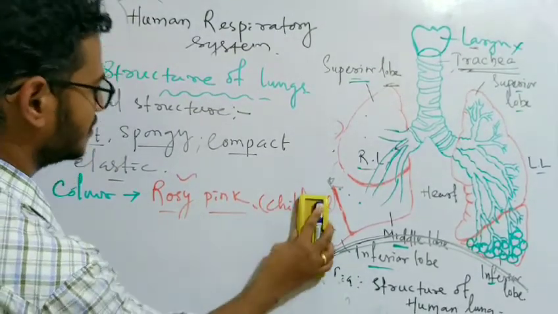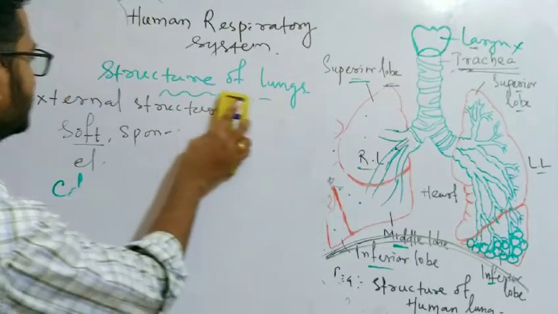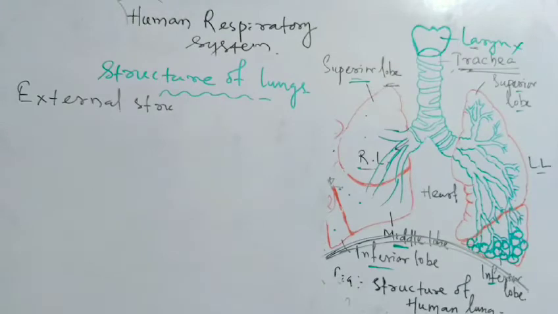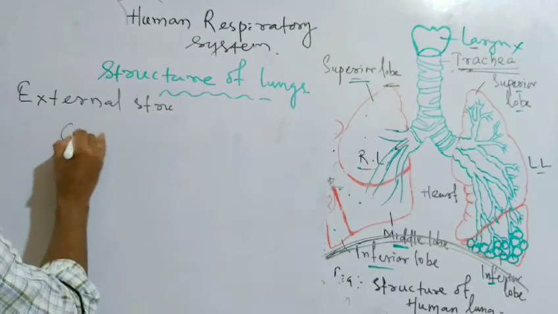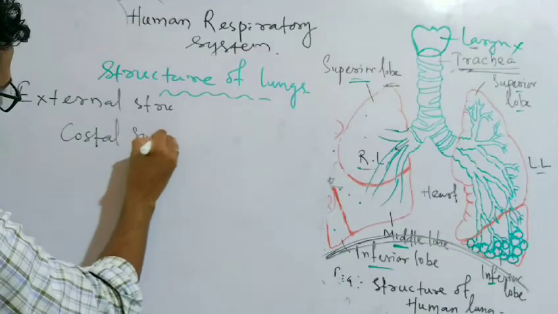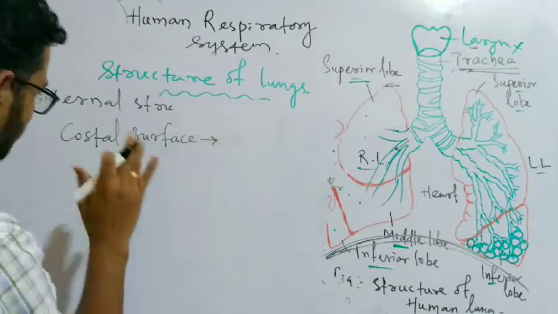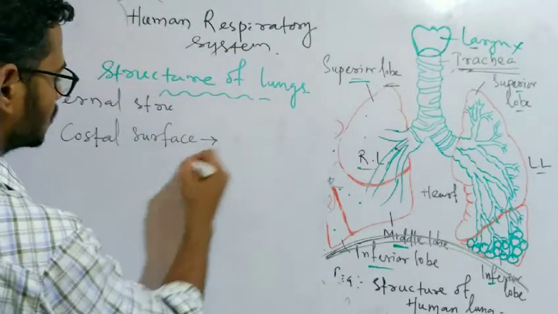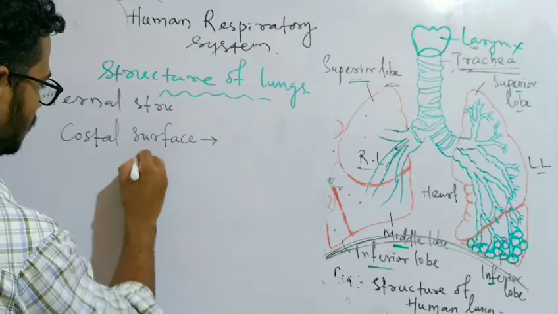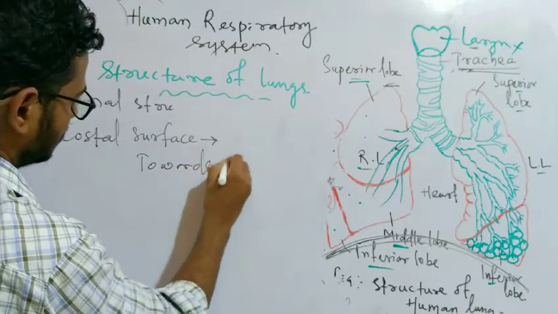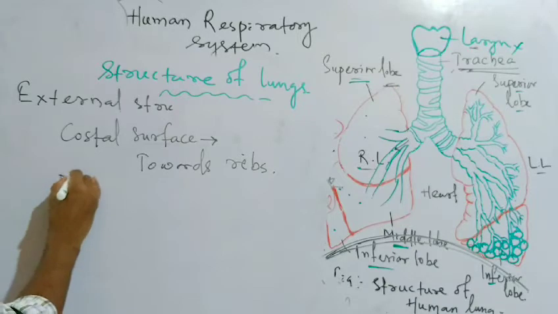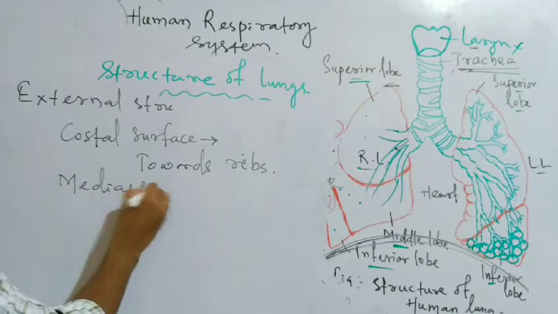The surface that lies towards the ribs is known as the costal surface. So the part of the surface of the lung facing towards the ribs is the costal surface, and the inner surface faces towards the mediastinum.